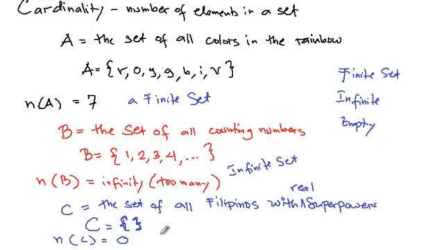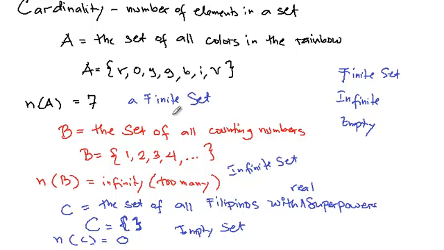And lastly, set C is an example of what we call an empty set. Empty set: set nga walay elements, set nga walay members, set nga walay sulod. Finite, kung ang number of elements kay maihap nimo, meaning, you can really say what's the value.